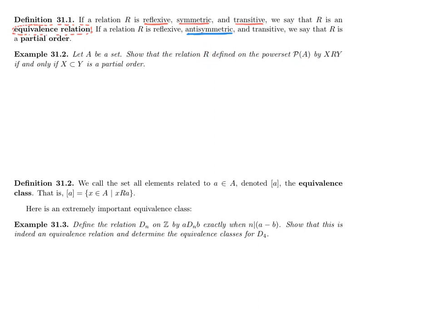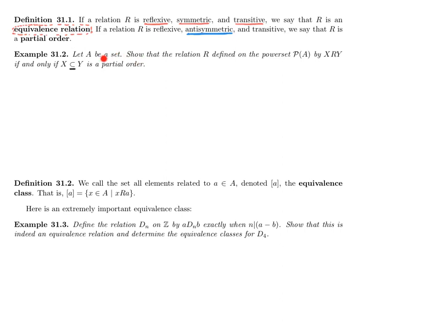And we're going to say that a subset X here is related to a subset Y. Remember, these are subsets of A, or you can think of them as elements of the power set of A. Remember, the power set is the set of all subsets of A. So X is related to Y exactly when X is a subset of Y. So that's the rule for our relation.